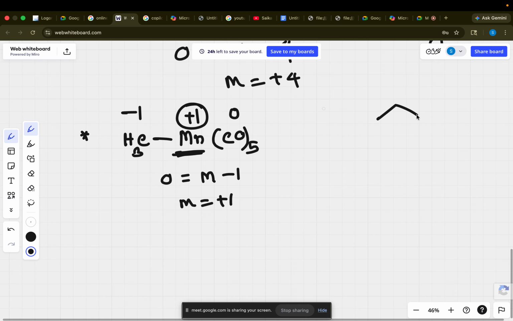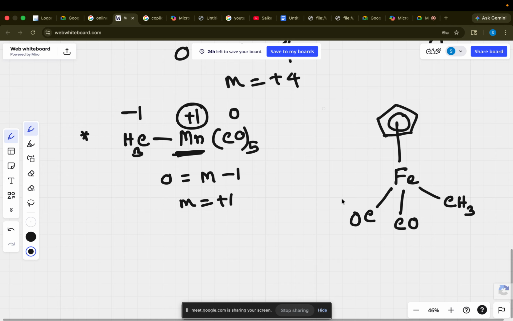Okay, if I have this molecule, find out the oxidation number for the iron center. Plus 2, sir. Plus 2, right?